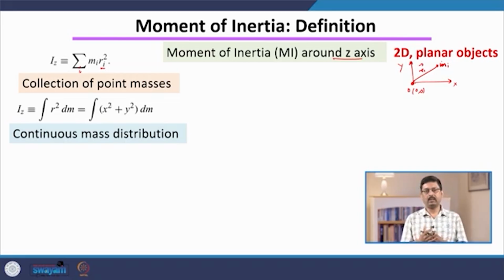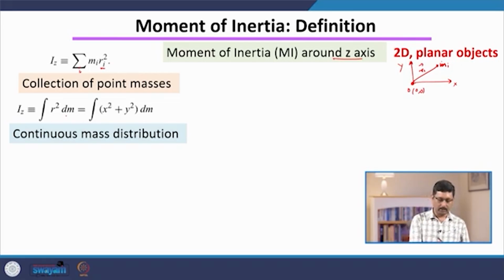And if your mass is a continuous mass distribution, so for example, let us say we think of this as a flat plane object, and think of the top surface only, that is a continuous mass distribution. In that case, this sum will be replaced by an integral.